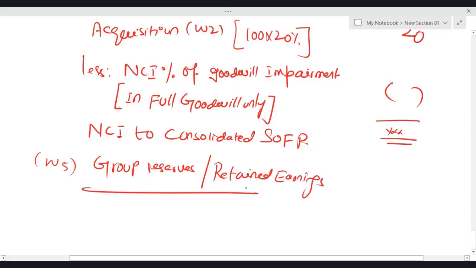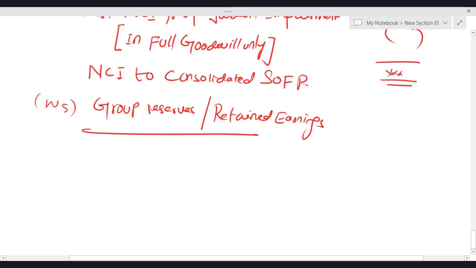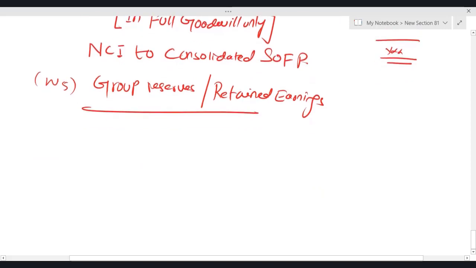First, take the parent's retained earnings at SOFP date.